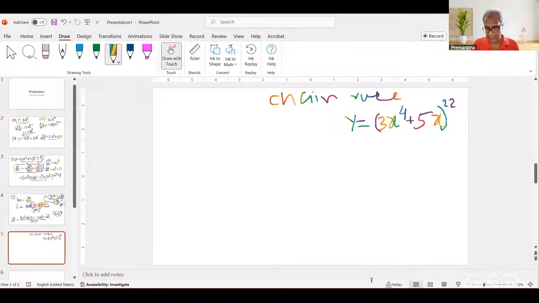Simple like that. Now this equation, before differentiating, we can write this part like u, the entire term.